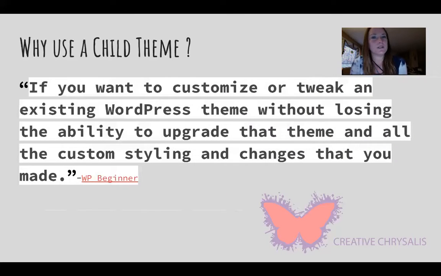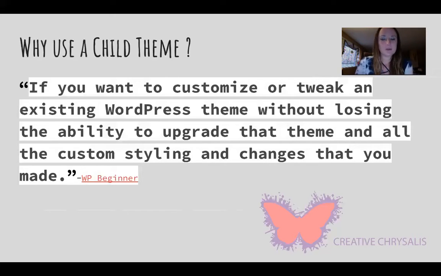Well, according to WP Beginner, you want to use a child theme if you want to customize or tweak an existing WordPress theme without losing the ability to upgrade that theme and all the custom styling and changes that you have made.